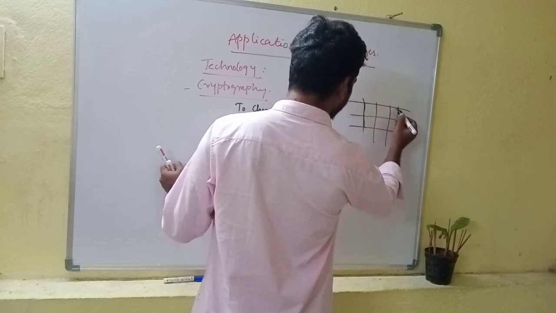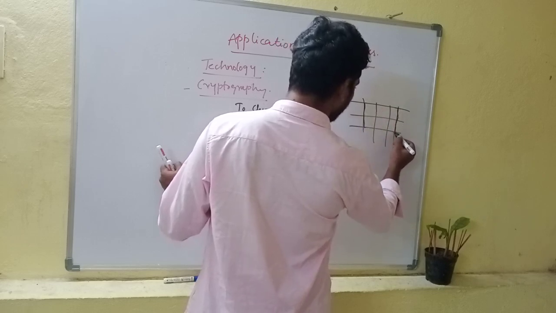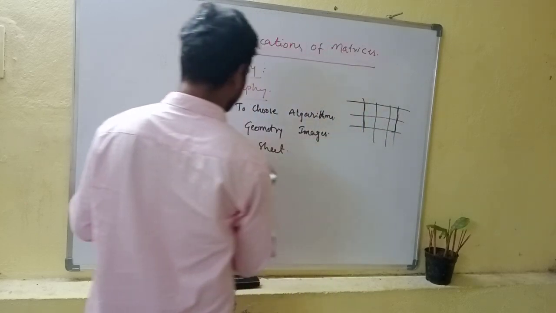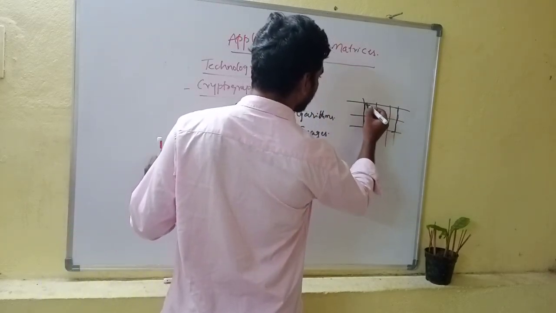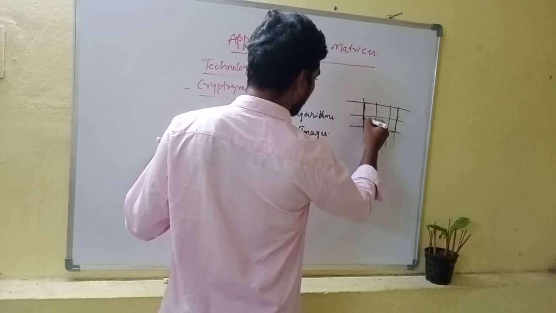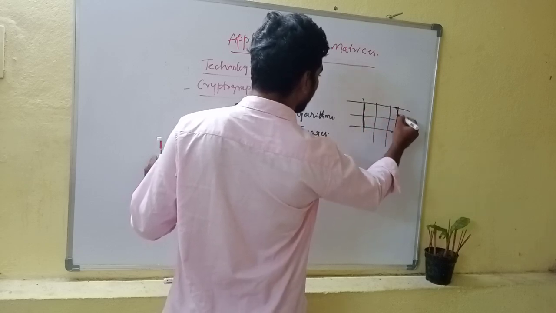So to select a specific target in genetics also, like we are closing here, right? I'm having boundaries for the matrix.